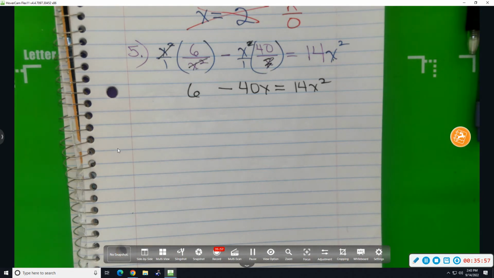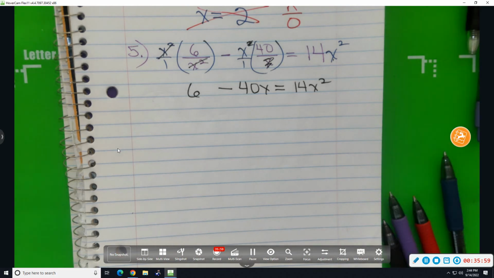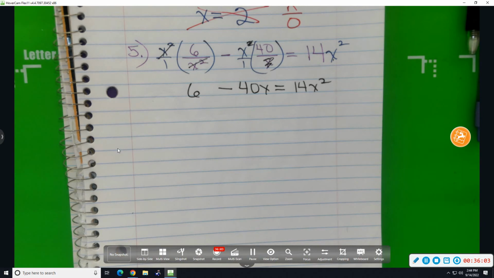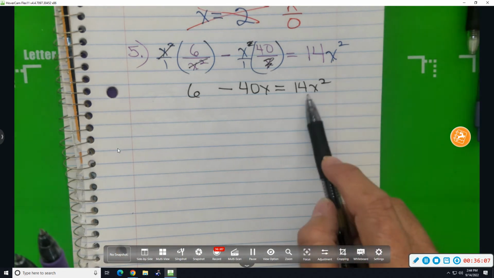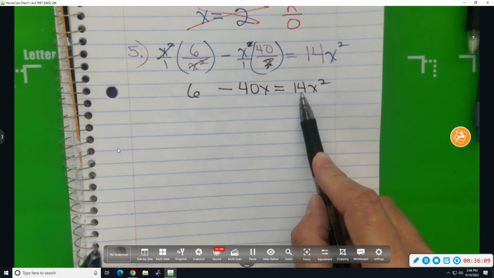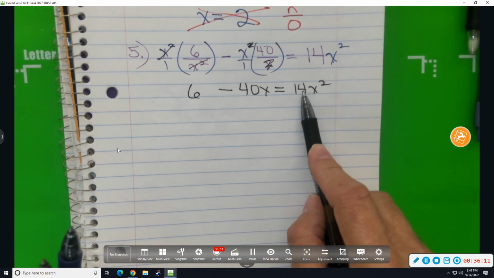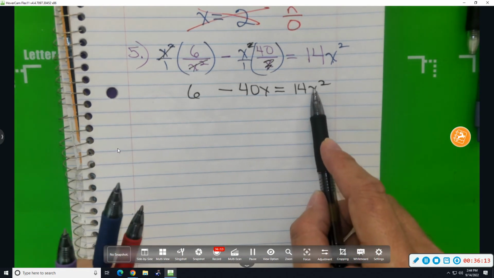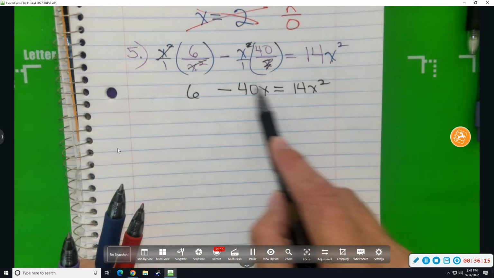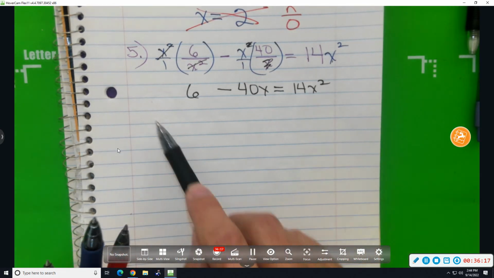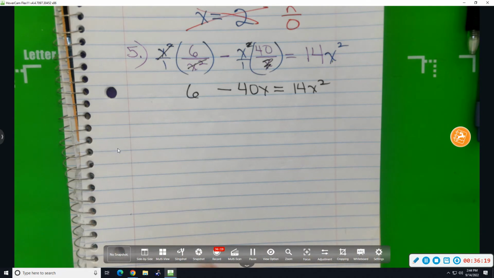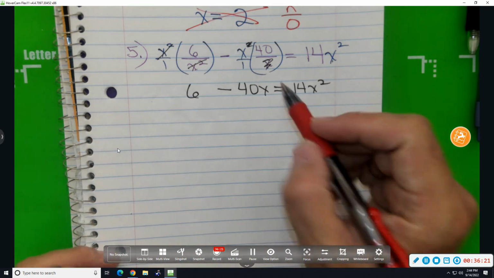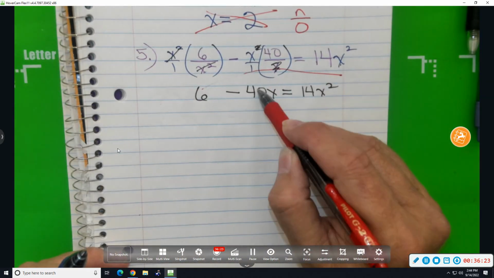Quadratic. So get a 0 on one side and factor, or use the quadratic formula. I always like the x squared term to be positive. So what do y'all think I'm going to do? Am I going to move the 14x squared over to the left and get a 0 on the right? Or no, I should move everything else the other way. I'm going to move the 6 and the 40x.